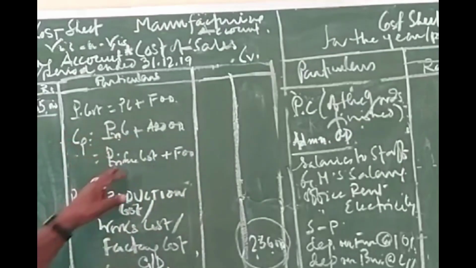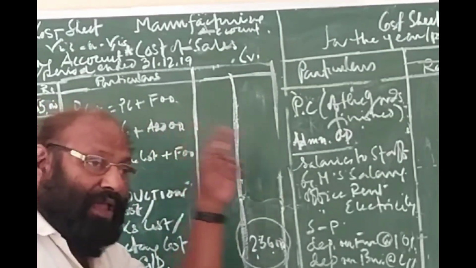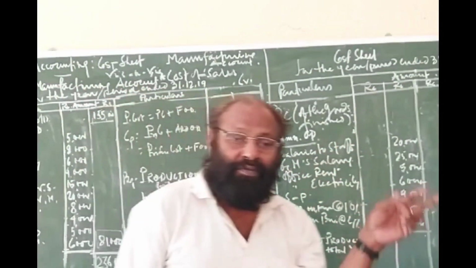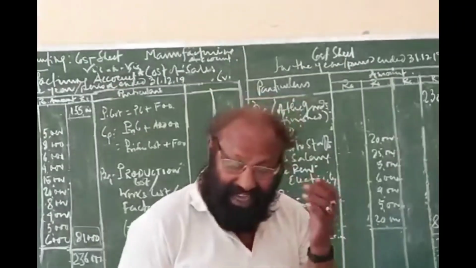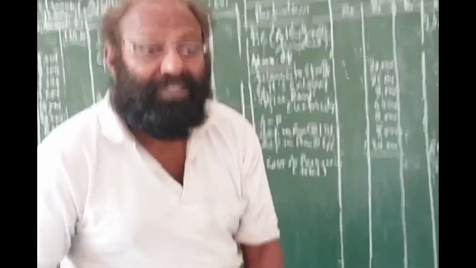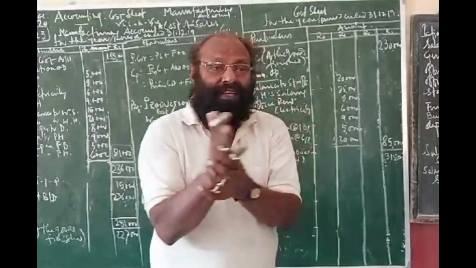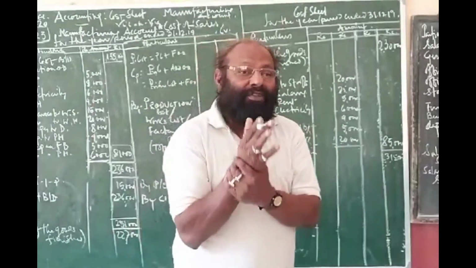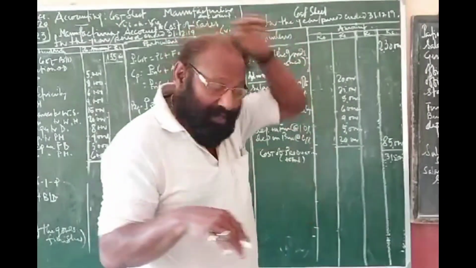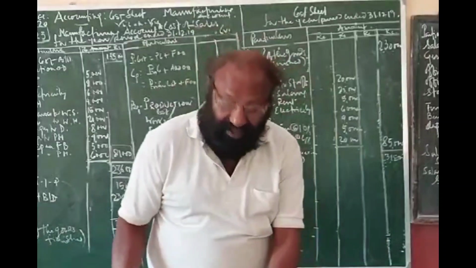So cost of production has got 3 ingredients. One is prime cost, number 2 is production overhead, number 3 is administrative overhead. While production cost has got two ingredients, two parts. One is prime cost and factory overhead. And while prime cost has got three parts: direct material, direct labor, direct expenses.